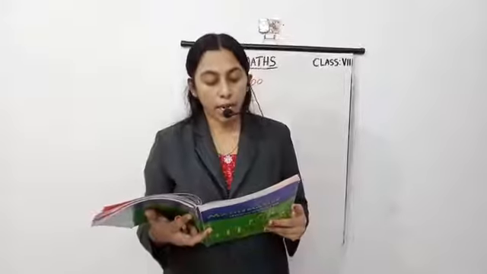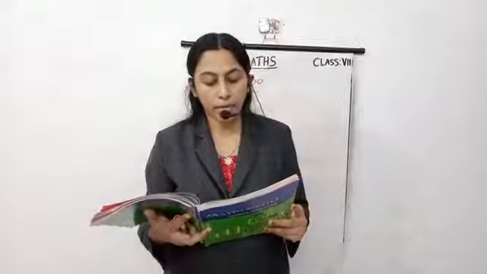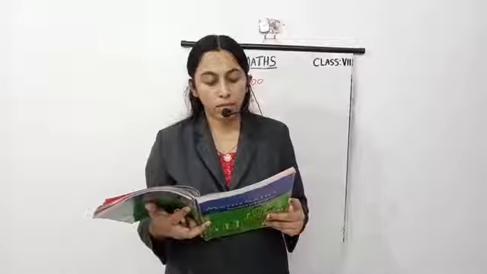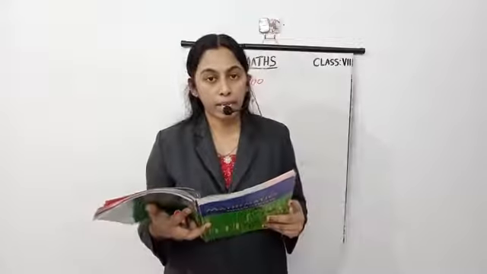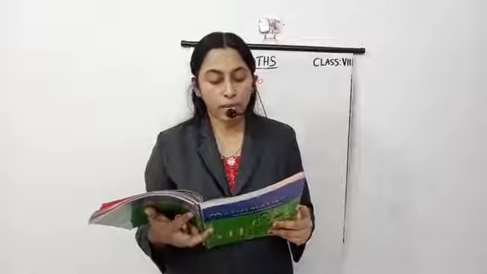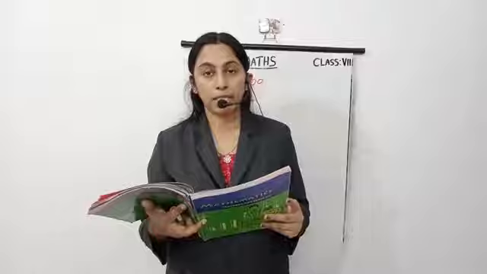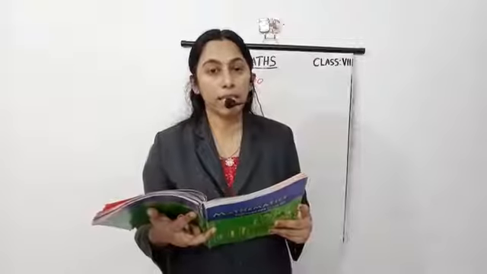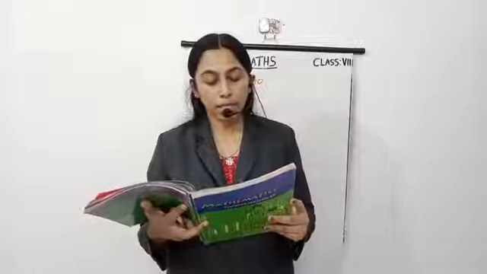Now question 9. Find the amount to be paid at the end of 3 years in each case. So here we need to find the simple interest and the final amount. End of 3 years means the time period, that is T, is 3 years.